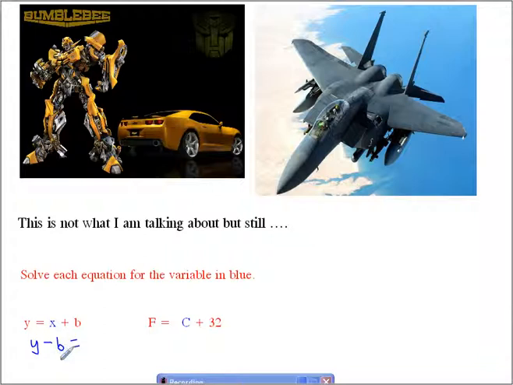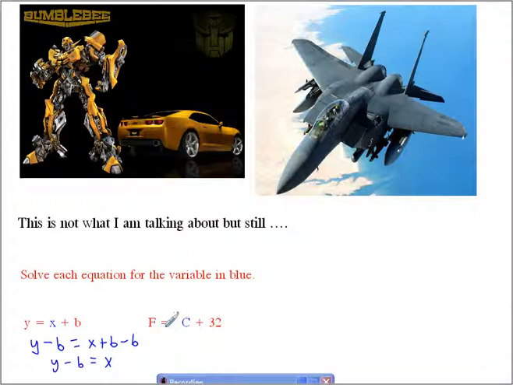So I'm subtracting that from both sides. x plus b, now I'm going to minus b, and then that cancels out the plus b. So now I'm just left with y minus b is equal to x. That's it.